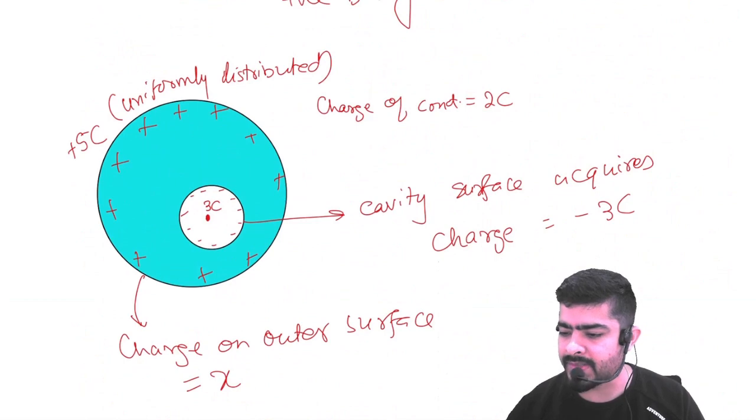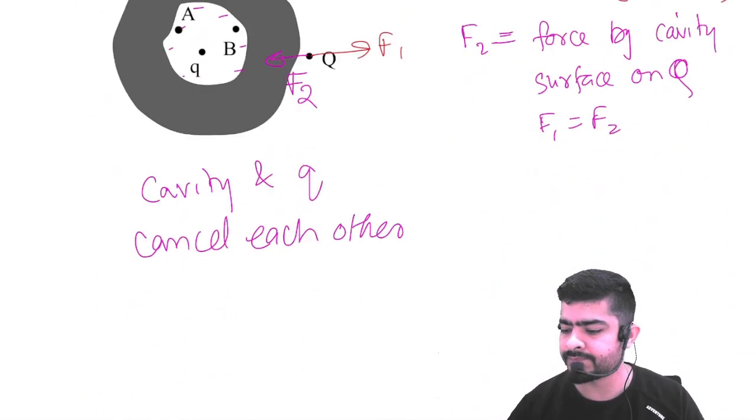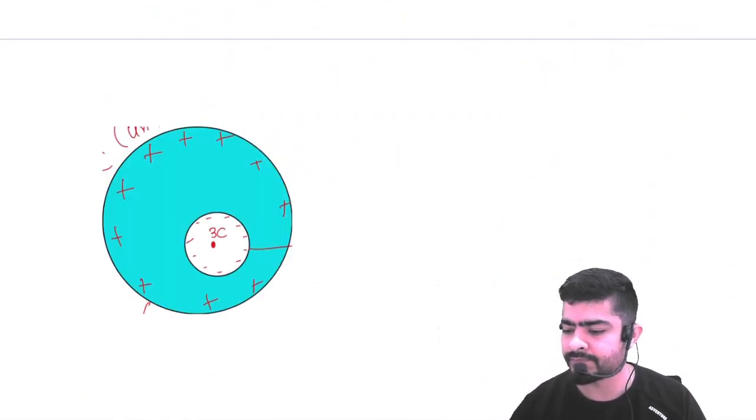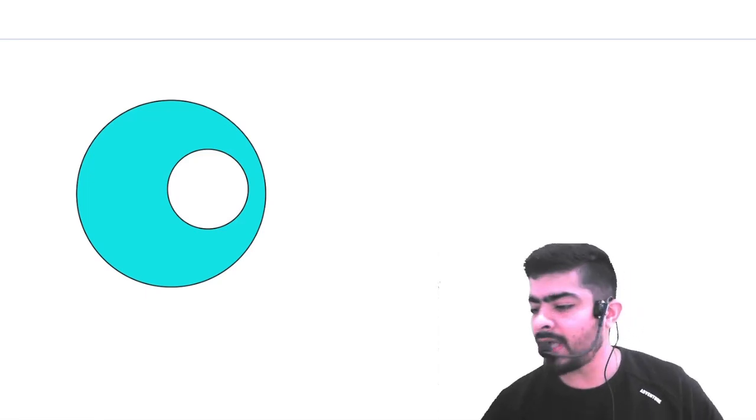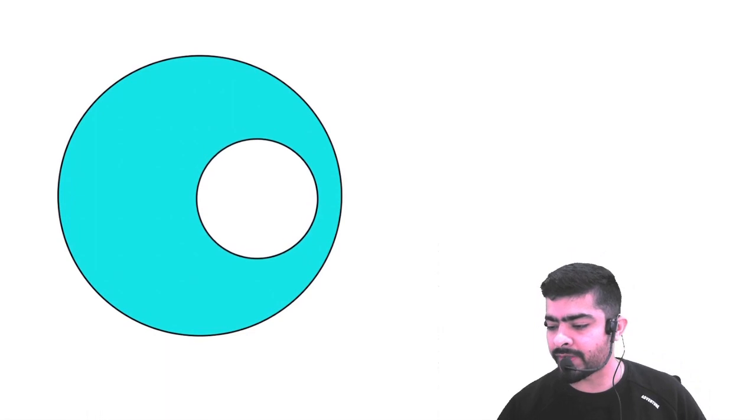So let me take this diagram, and let me draw the second circle over here. So this is your cavity. Now, first of all, let's understand the charge distribution over here.